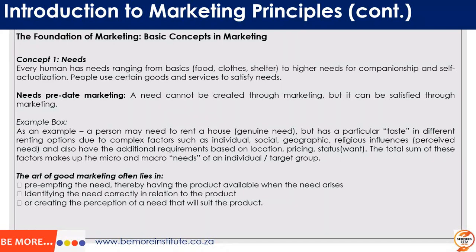As an example, a person may need to rent a house, which is a genuine need, but has a particular taste in different renting options due to complex factors as individuals, which look at what social needs you have, geographical, religious influence, which some are referred to as perceived needs. And you also have other additional requirements based on the location of the property, the pricing, and the status.